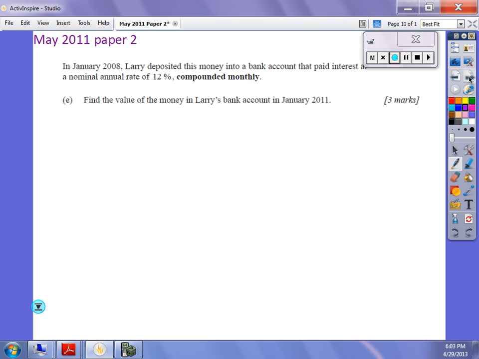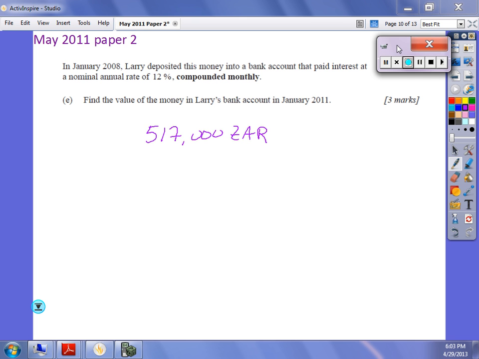The last part of the problem asks us to take this money, the 517,000 South African Rand, and put it into an account. And we've got an interest rate of 12%, and we're going to be compounding monthly. We're going to find the value of the money in his bank account after the investment.